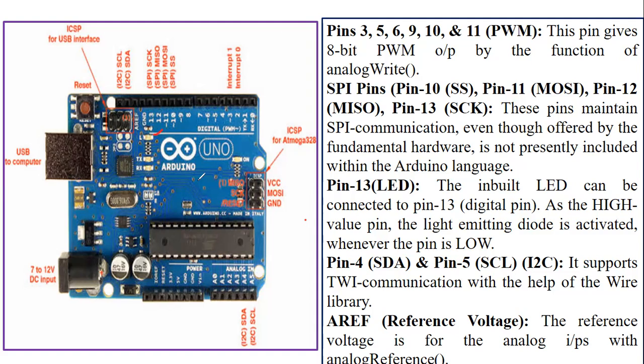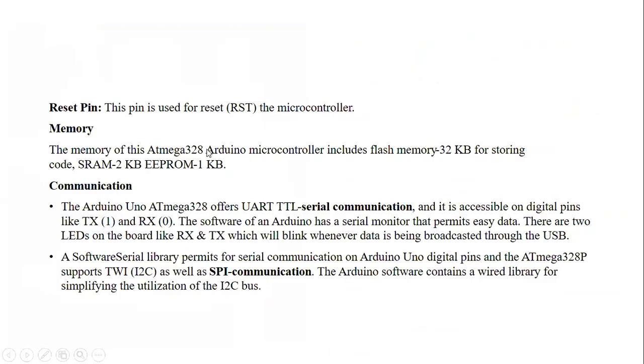Pin number 4 is SDA, pin number 5 is SCL, and they support TWI communication. Then there is a reference voltage. So these are a few details of Arduino pins.